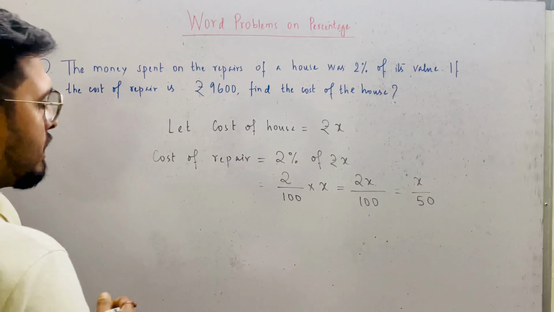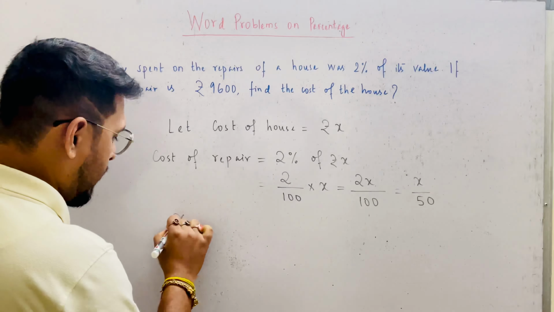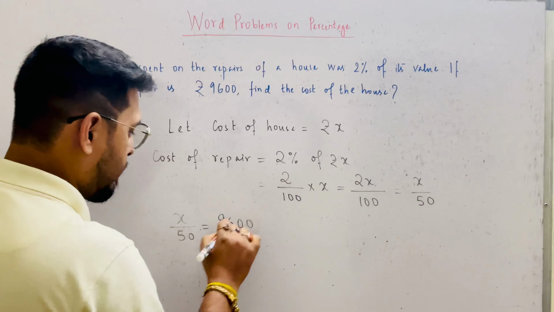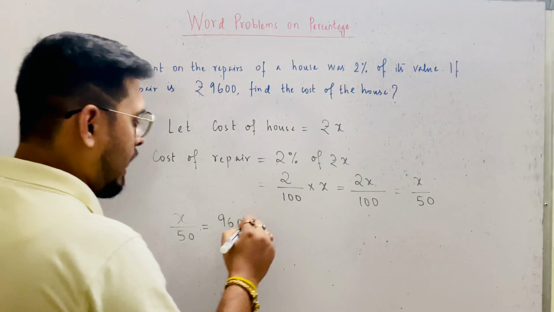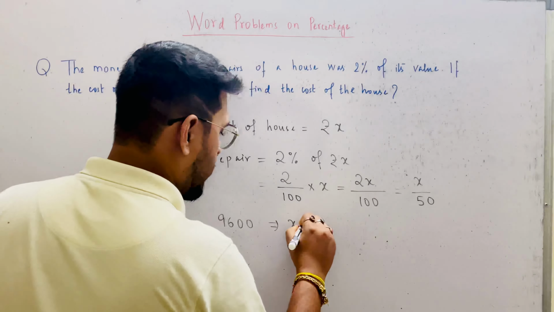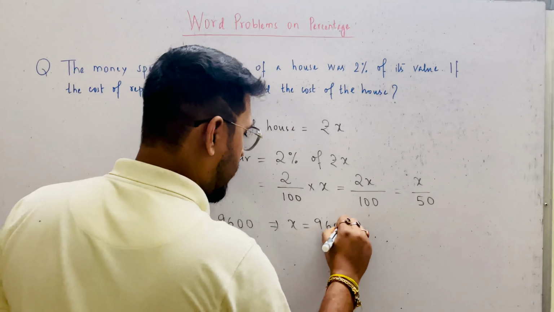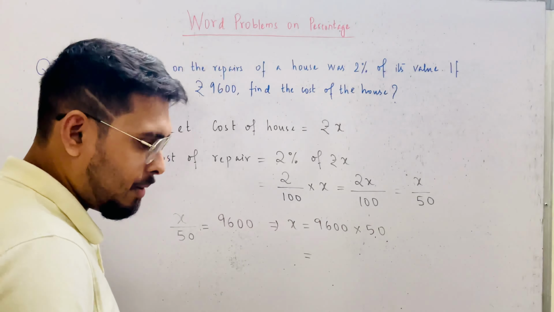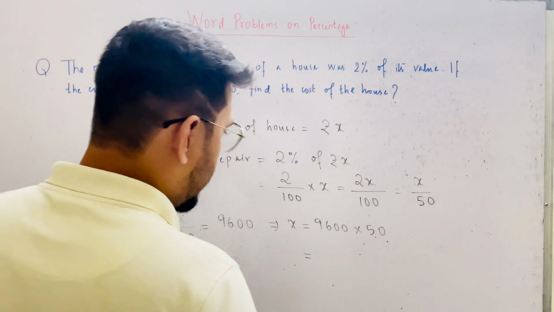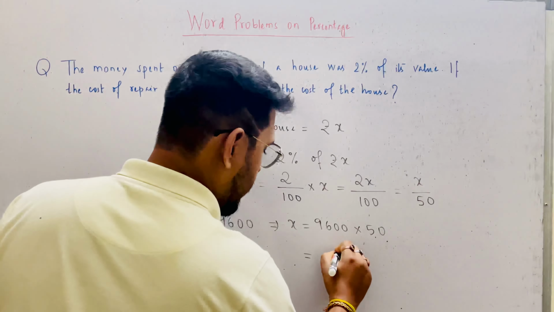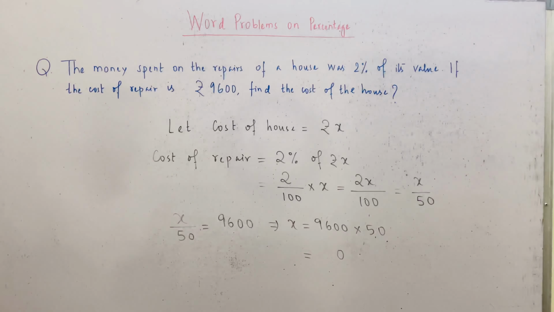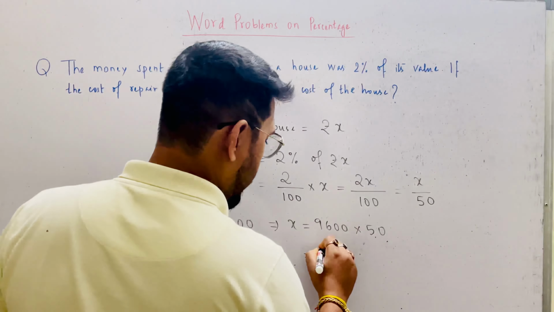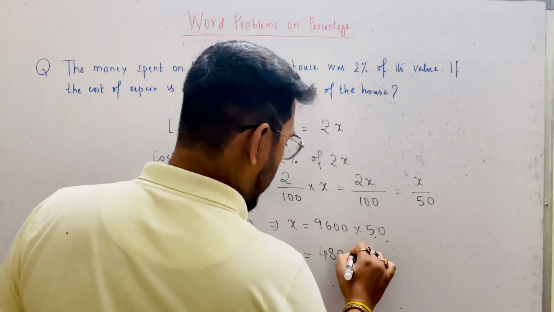So I can say X over 50 is equal to 9,600, and from there I'll be getting the value of X, which is 9,600 multiplied by 50. So this is 30, carry 3, 45, 48, and now 3 zeros.